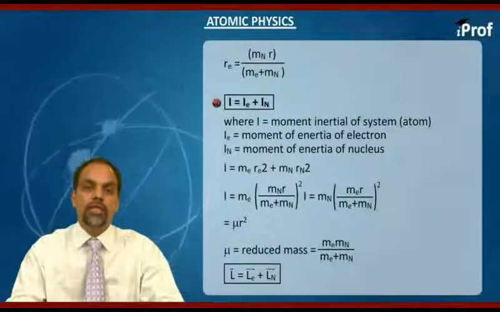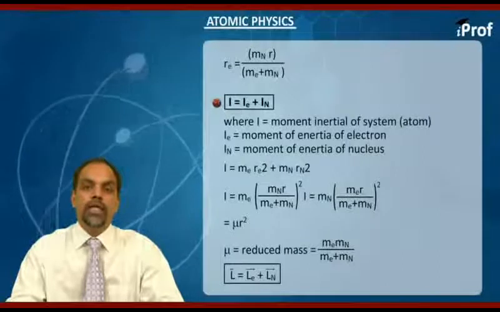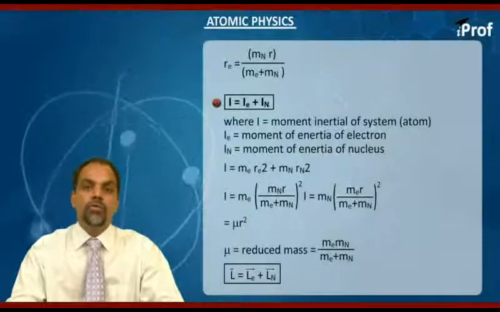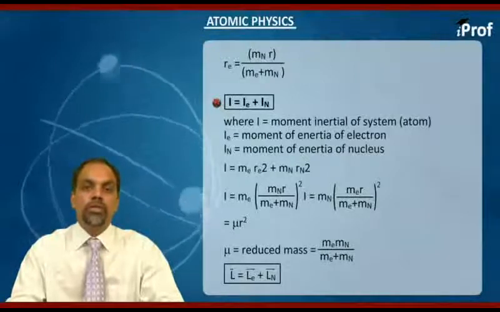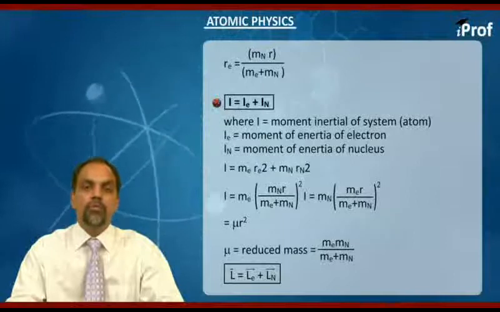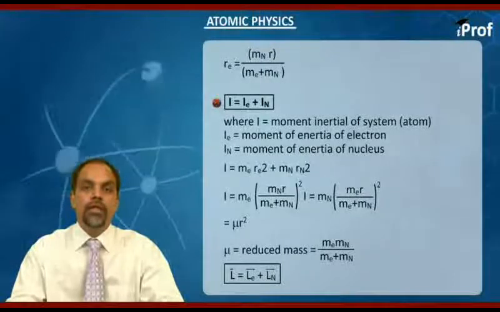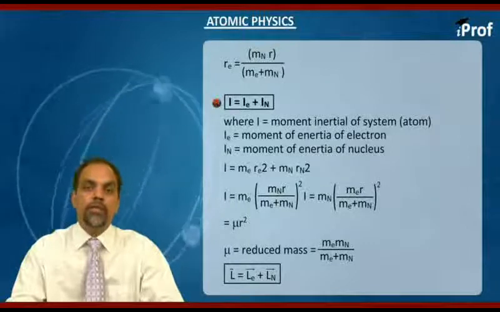Now when we make calculation, we get the final expression of moment of inertia as I = μR², where μ is called reduced mass of the system, and the expression for μ will be Me Mn divided by Me + Mn.